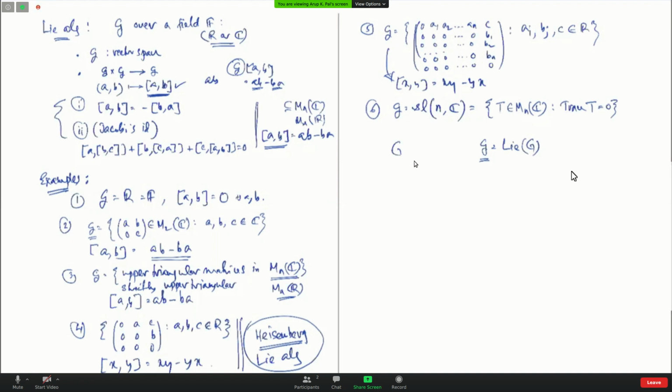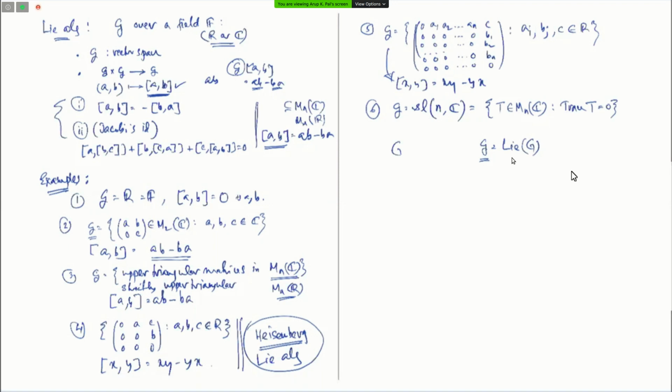So you have this group G. You look at matrix one parameter subgroups. One parameter subgroups are what?